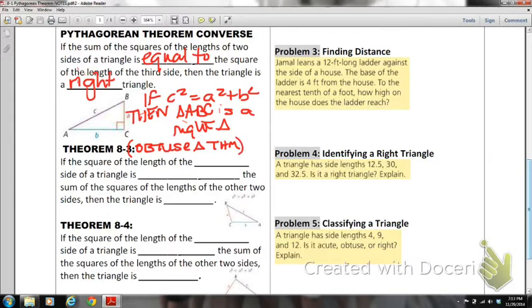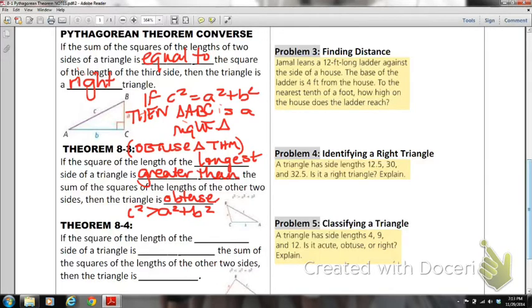It says that if the square of the length of the longest side of a triangle is greater than the sum of the squares of the length of the other 2 sides, then that triangle is obtuse.